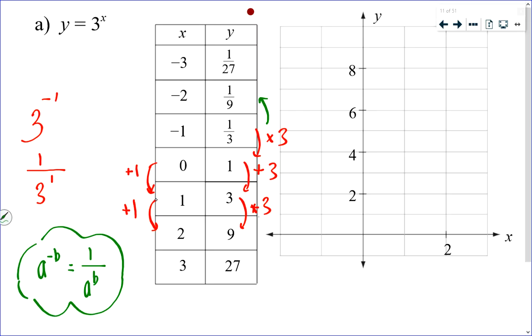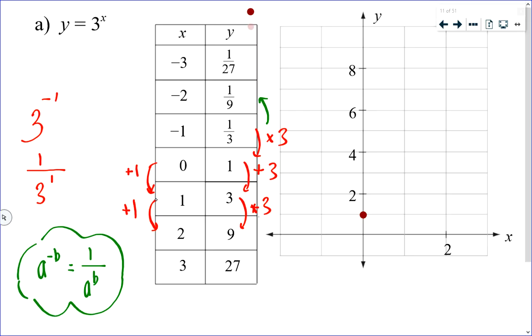And once you understand that, this will always be a point when you have c to the x, because x at that point is 0, and any non-zero number raised to the 0 will give you 1.